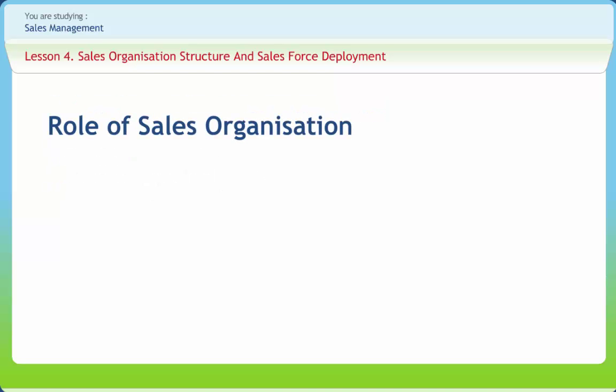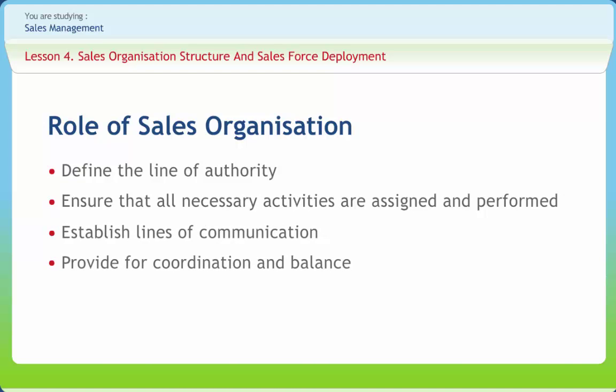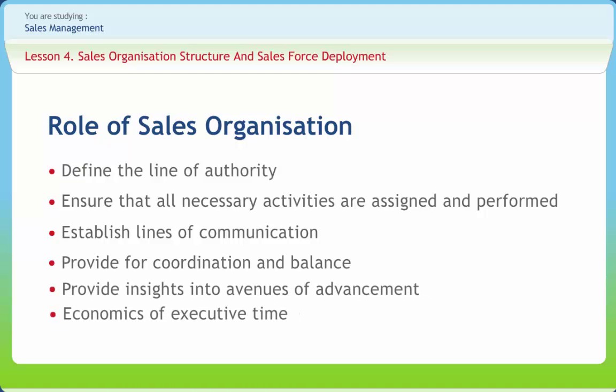A sales organization has to define the line of authority, ensure that all necessary activities are assigned and performed, establish lines of communication, provide for coordination and balance, provide insights into avenues of advancement, and try to save the executive time for the most productive activities.